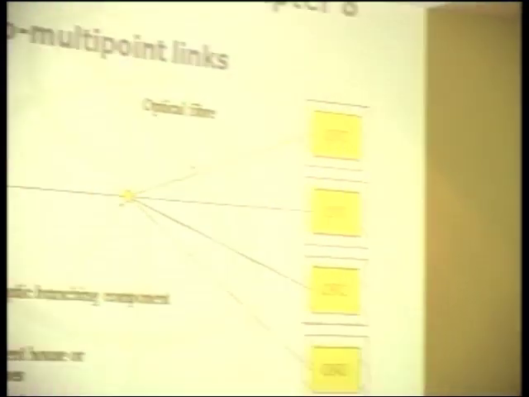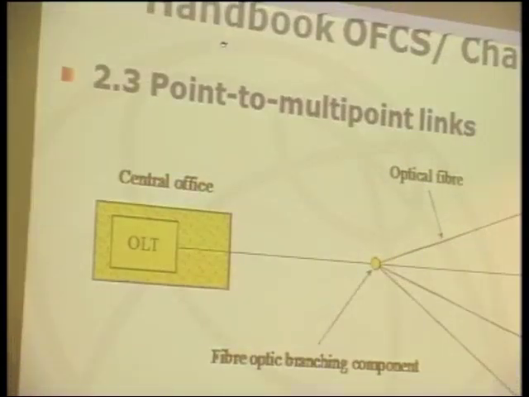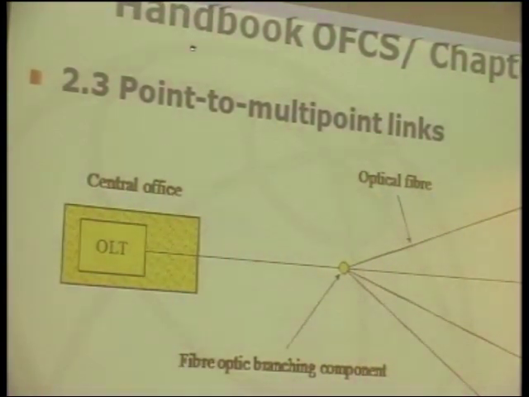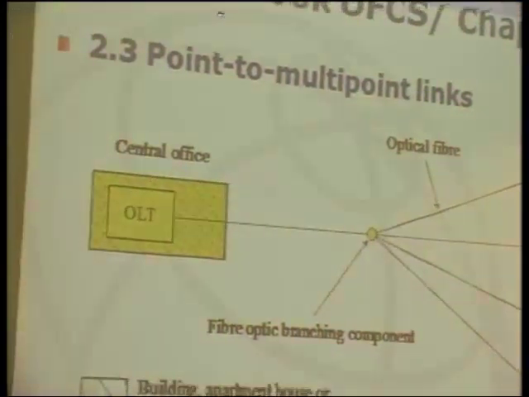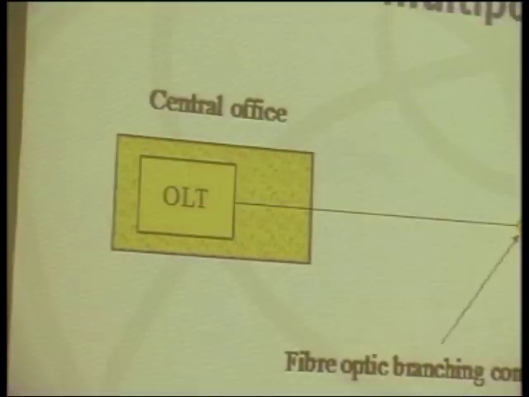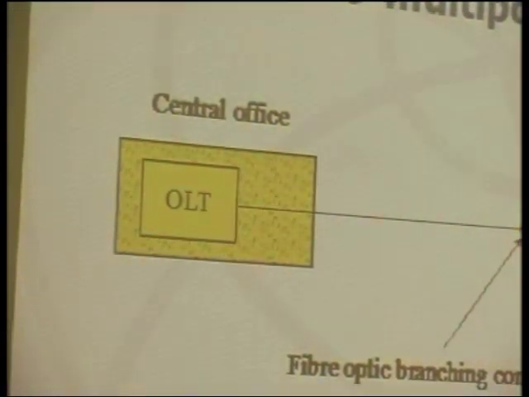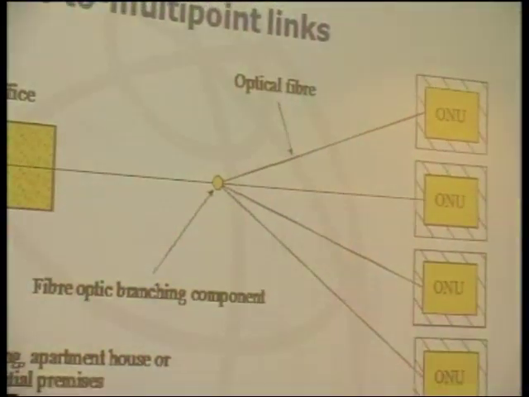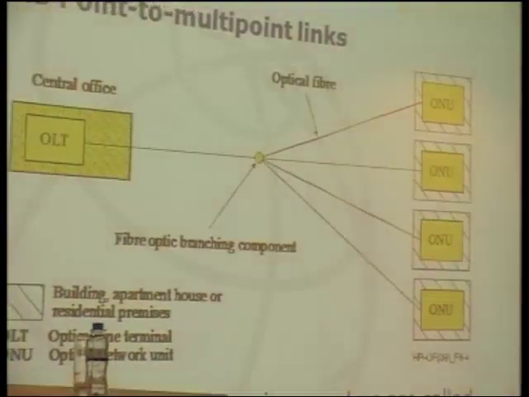The name of the receiver is the ONU, which is Optical Network Unit, so imagine that the optical line terminal is sending a 2.5 gigabit per second signal. All the 2.5 gigabit per second signal will reach any of the optical network units.